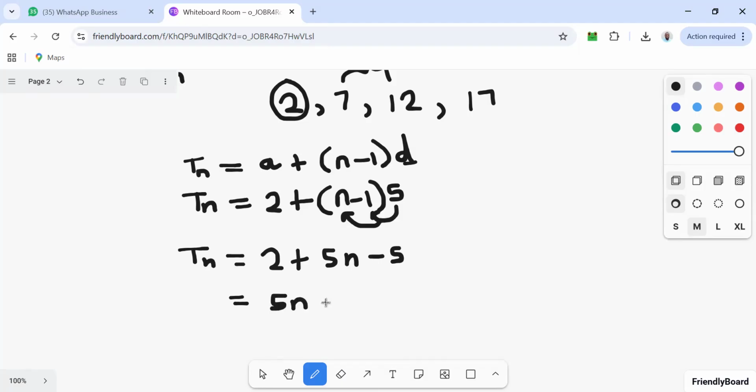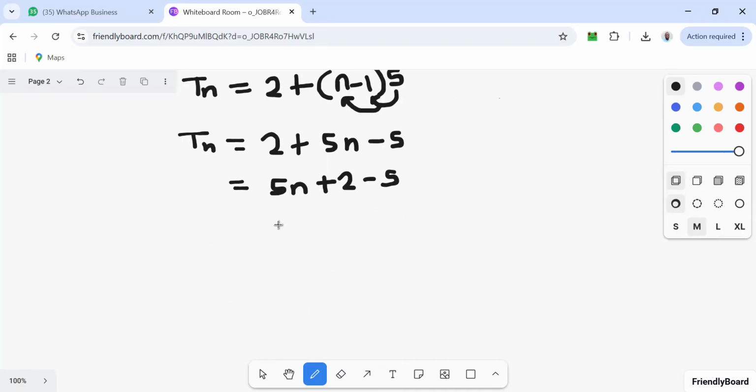So 5n, then plus 2 minus 5, which is going to give me 5n minus 3. So you see, I still got the same answer that I got.